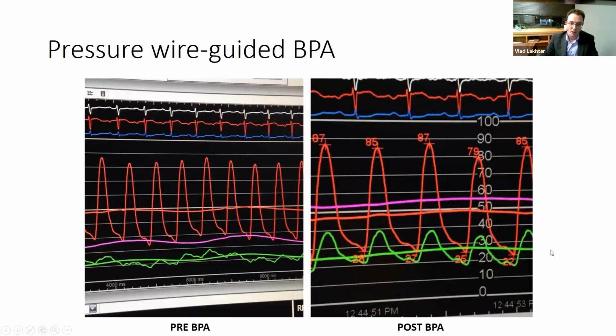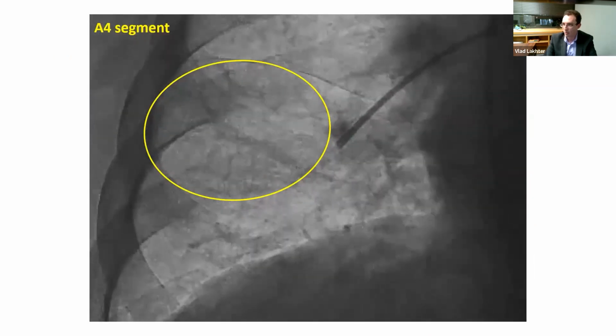We intentionally undersize the balloons at the first setting and keep the restoration of flow not less than 50% in order to reduce the risk of pulmonary edema from reperfusion. We've had good success at keeping our patients fairly low risk from reperfusion pulmonary edema.